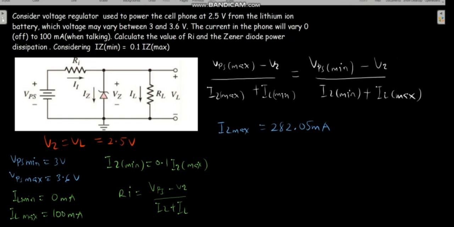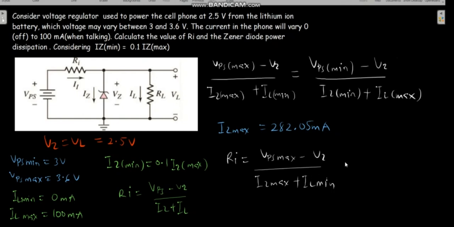Okay, previously during the introduction, we learned that we can use two formulas to find Ri. We can use this formula: Ri equals (Vps max minus Vz) over (Iz max plus IL minimum).